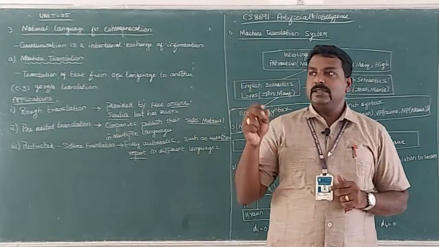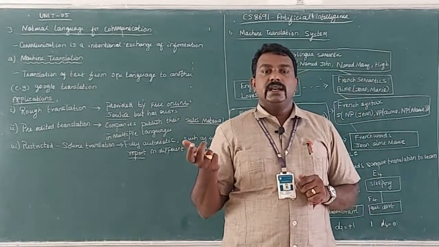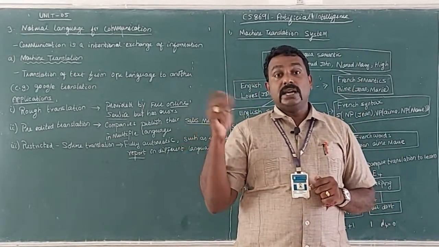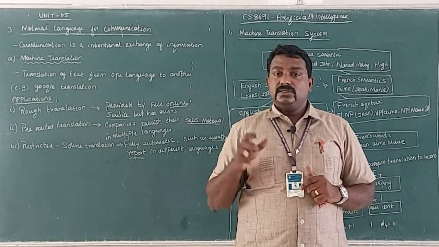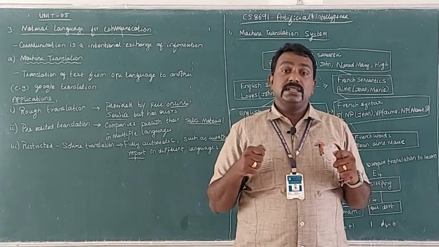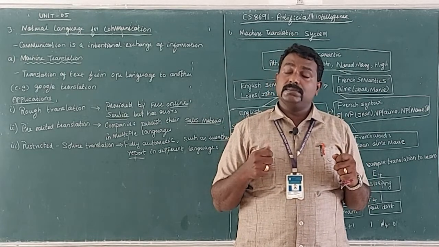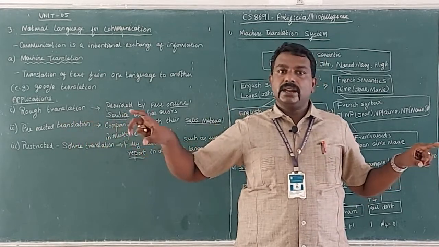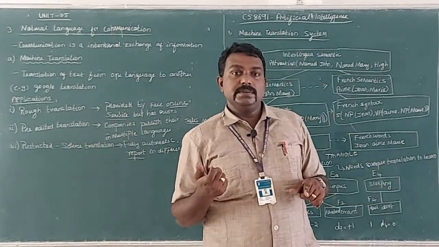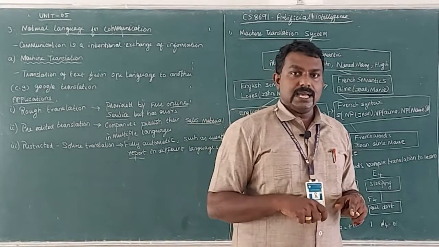Even when you speak something in English and try to convert it into Tamil, we cannot frame the sentence in the same order, right? So the order will be changed. When you frame a sentence from one language to another, sometimes the English word will be very short and the Tamil word will be very lengthy. So these kinds of changes will be there when you convert from one language to another.